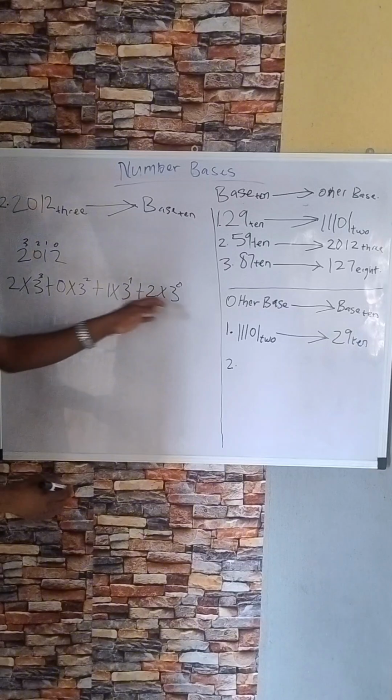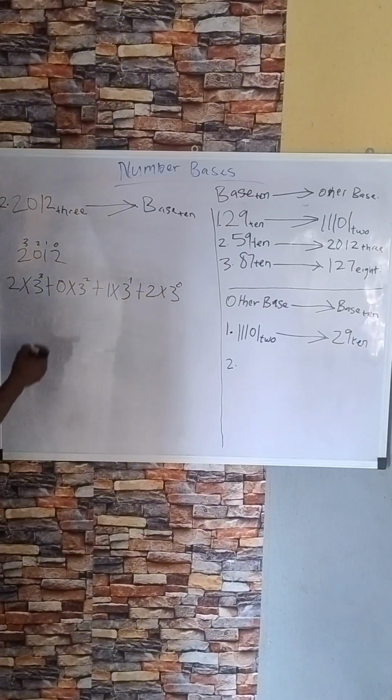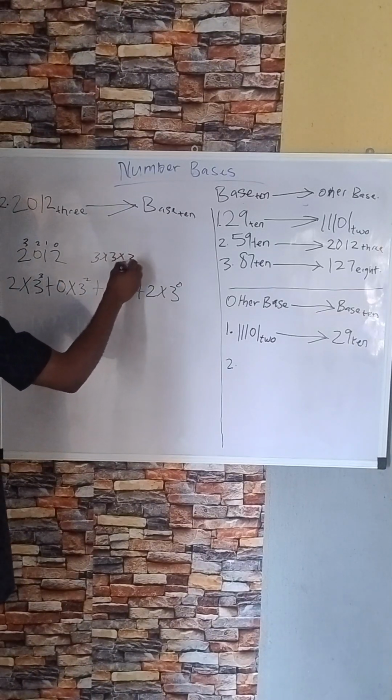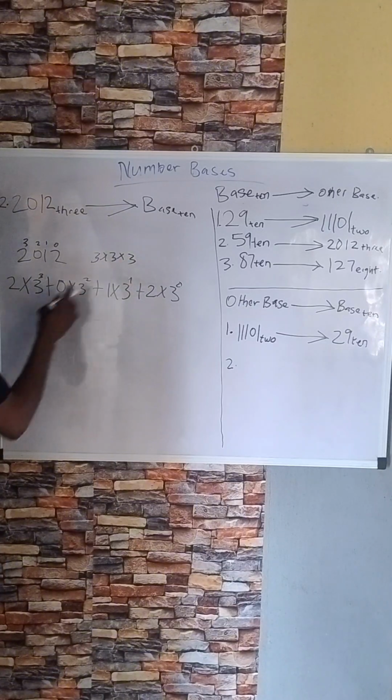So let's work this out and add up the product of all of them. 3 raised to power 3 is 27. It just means 3 times 3 times 3. 3 times 3 is 9, 9 times 3 is 27.